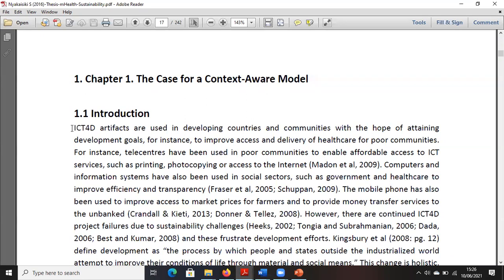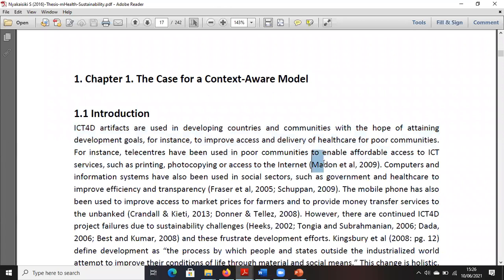Now, obviously, many people have written about this topic. Yeah, I'm also voicing my point, but these are my words. I didn't copy and paste them from another article. These are my words talking about the general feeling about ICT for D artifacts being used to bring about development. Okay? Then I also reference people.